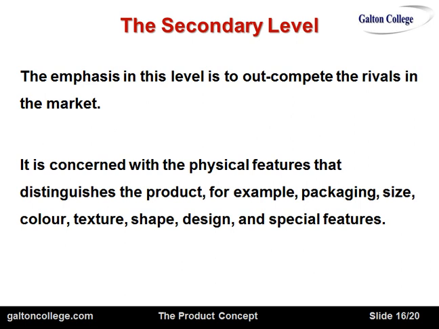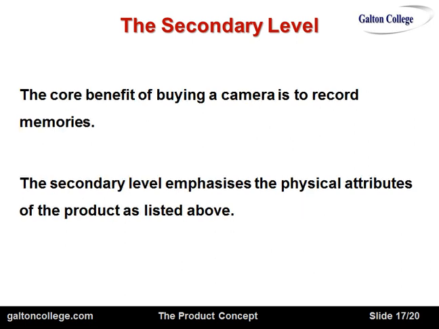It's what attracts the customer to make the purchase. The customer assumes because it's a camera, it will capture memories. So the core has been met. The customer is now looking at the physical entity, the camera, and looking at the styling of the camera.